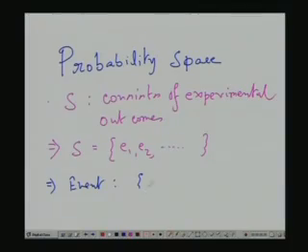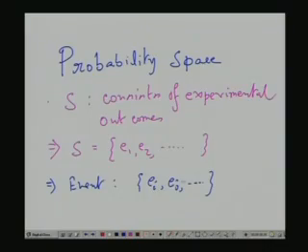Then the empty set phi is also a subset of S, so that also is an event. What it means we will see later. And not only that, you can now have things like E_I, E_J, some combination, that is an event. This event means that the observation was either E_I or could be E_J or something else.